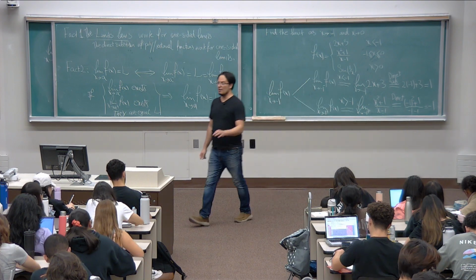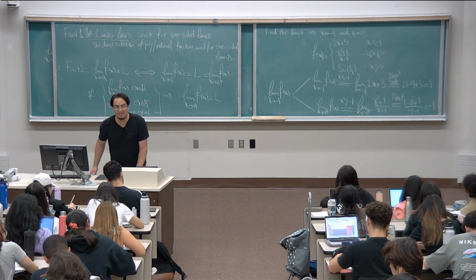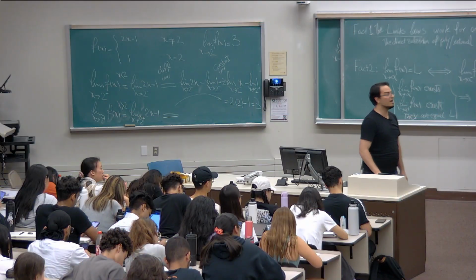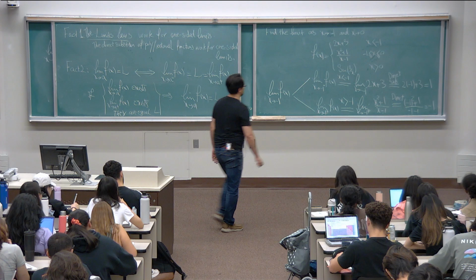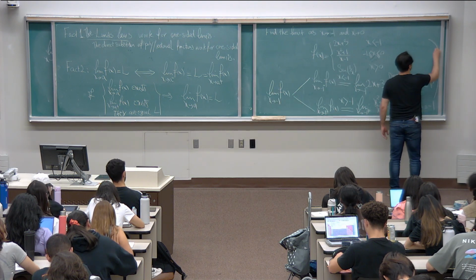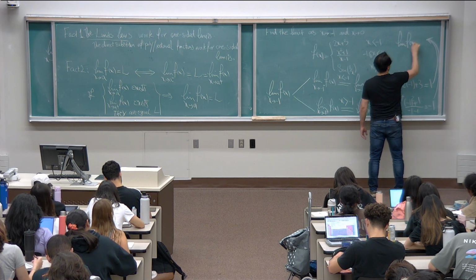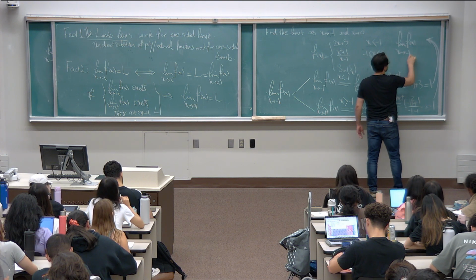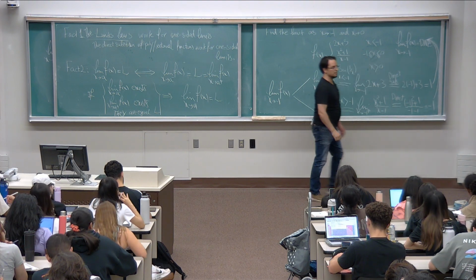So the left and right limits both exist, but they are not equal. So I can take these two and conclude from them that the limit of the function as x approaches -1 does not exist.